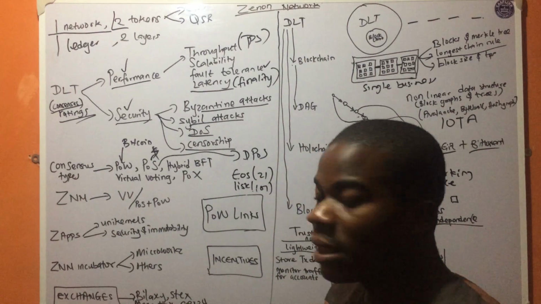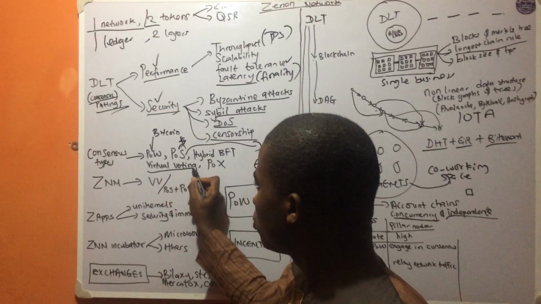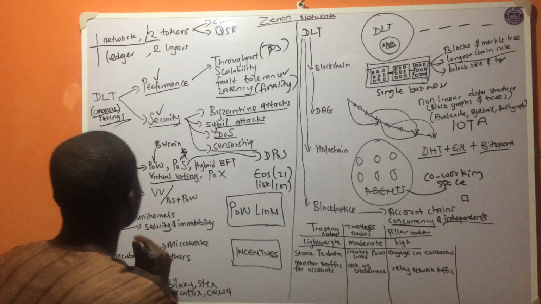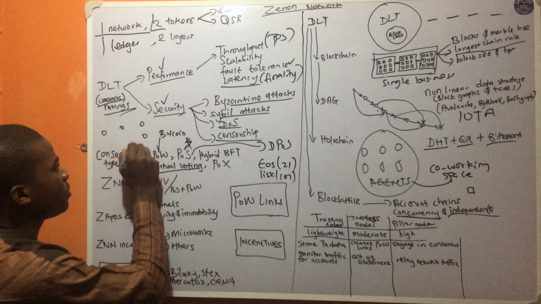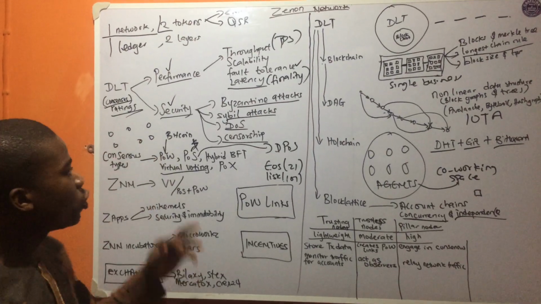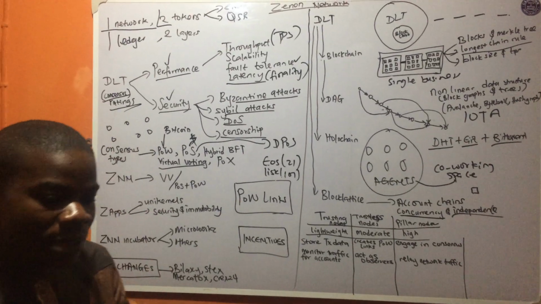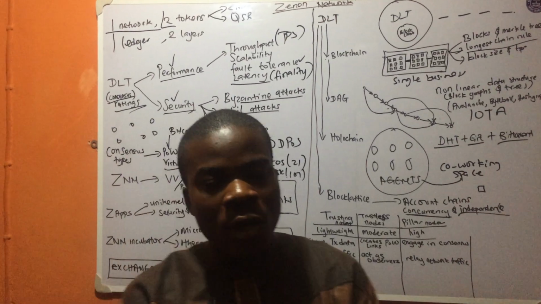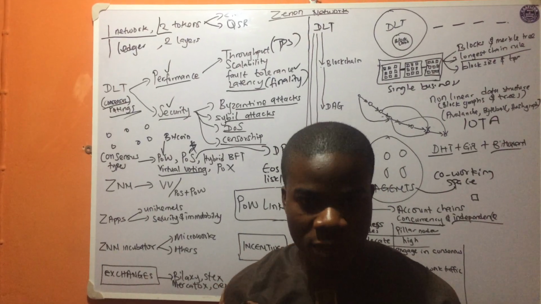And the next consensus algorithm is what we call virtual voting, which I want to spend time on. So this is somebody in the network, this is another person in the network, and another, and another. So this person receives a transaction. When they receive the transaction, in order to acknowledge that they received it, they will have to tell other people that they received it.